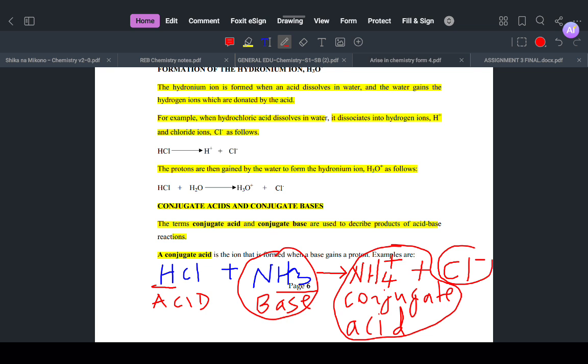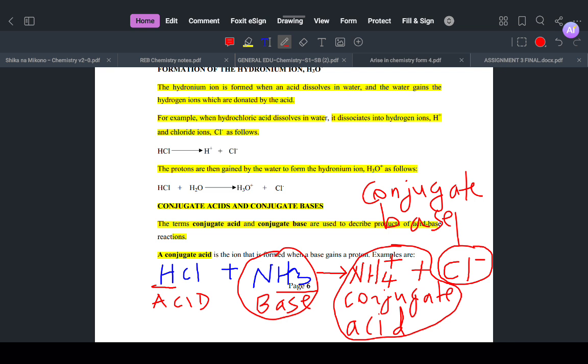The Cl minus is what is called a conjugate base. So what remains when an acid has donated its proton is called the conjugate base. What is formed when a base gains a proton is called the conjugate acid. All right, so that's very important.